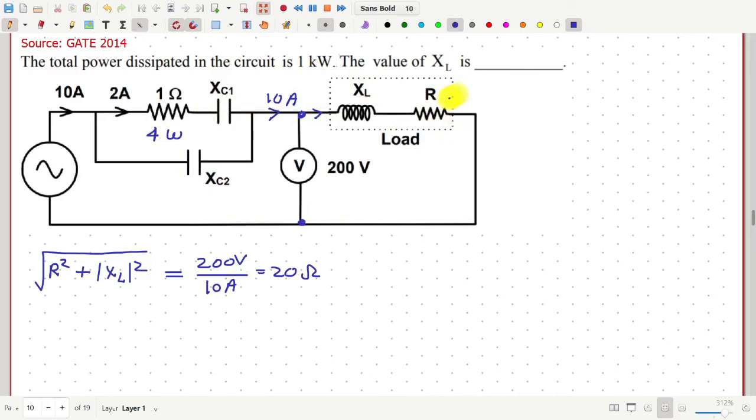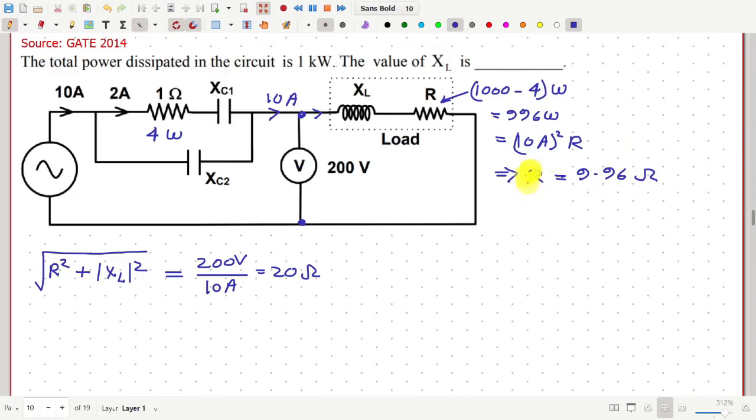So that means power consumed by this resistance is 1000 minus 4 watt, which is equal to 996 watt. And this 996 should be equal to 10 ampere squared multiplied by R. From this, we can get the value of R equal to 996 by 100, so 9.96 ohm.